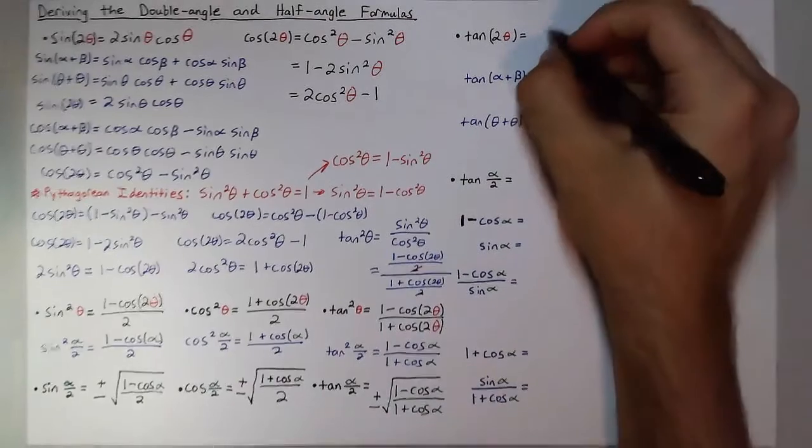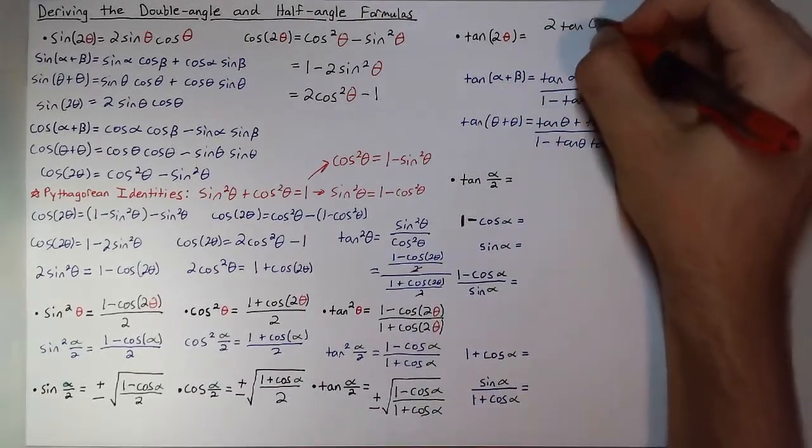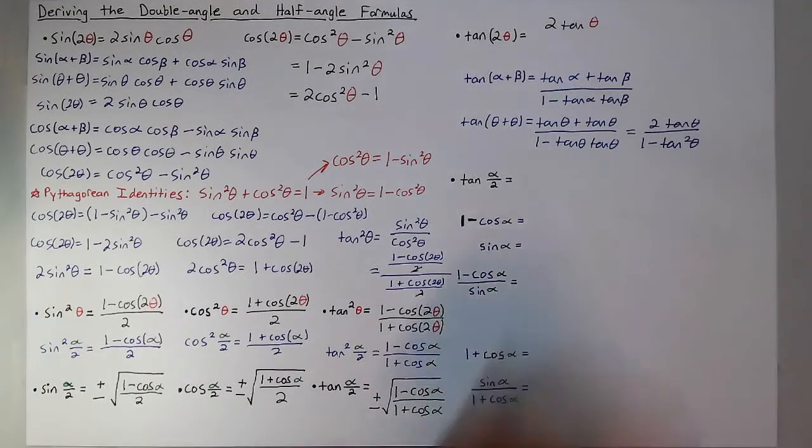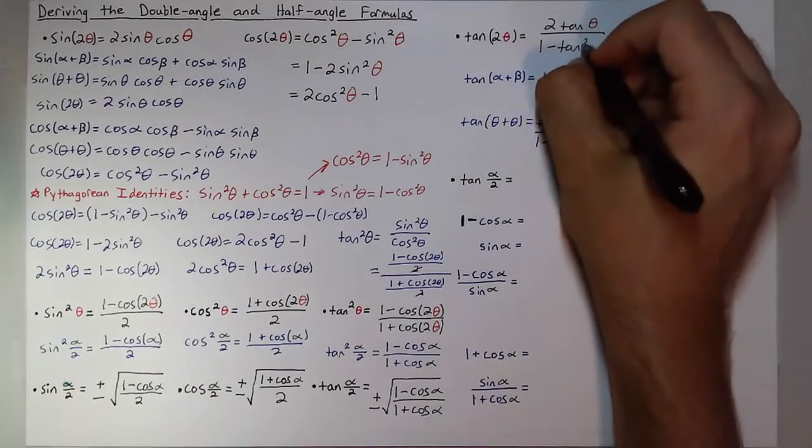So tangent of 2 theta is equal to 2 tangent of theta all over 1 minus tangent squared of theta.